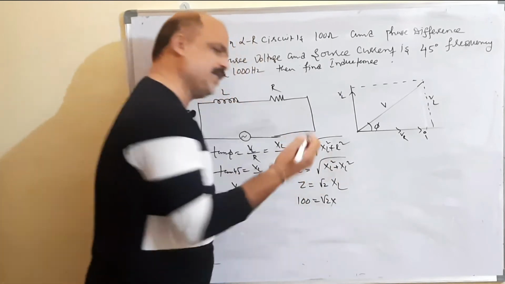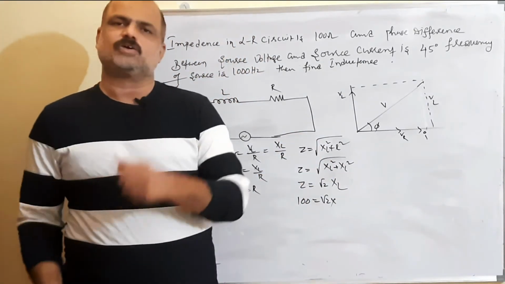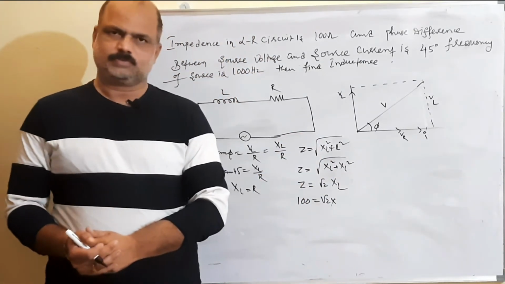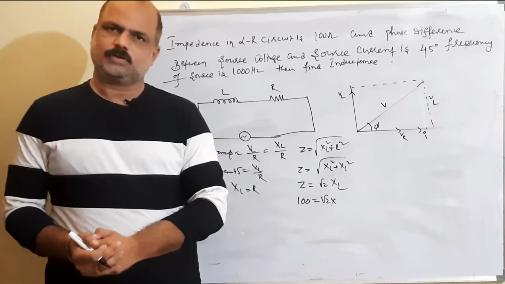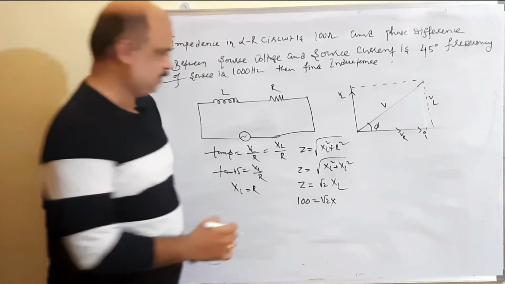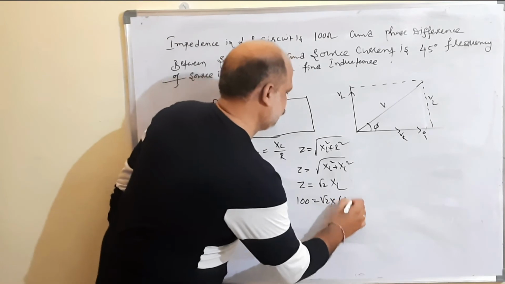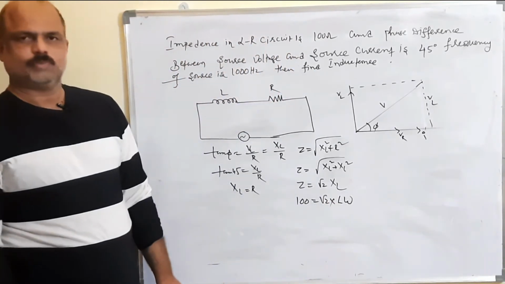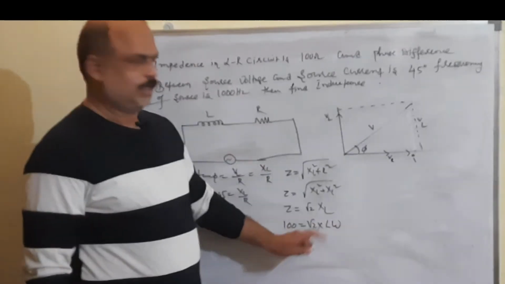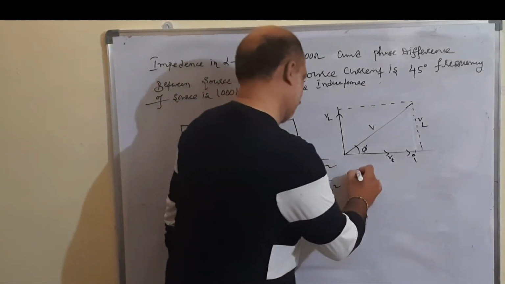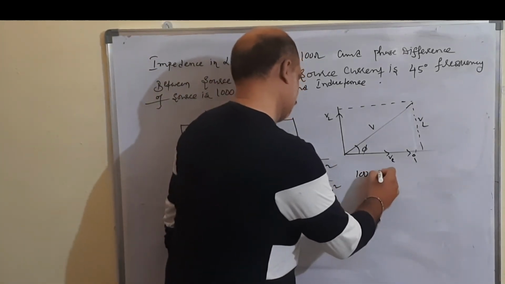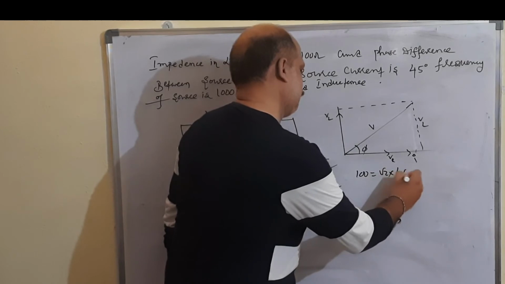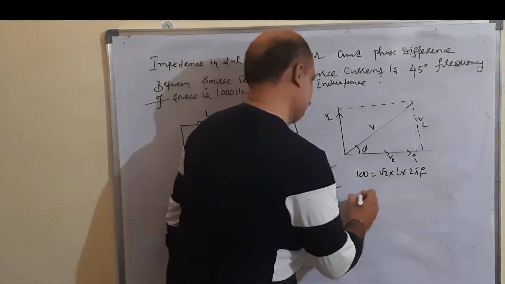Root 2 into XL, reactance of inductor or inductive reactance. That is L into omega. So 100 is equal to root 2 into L into omega, omega is 2 pi f.